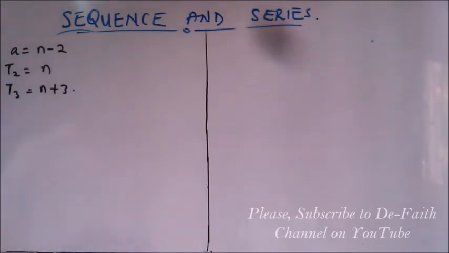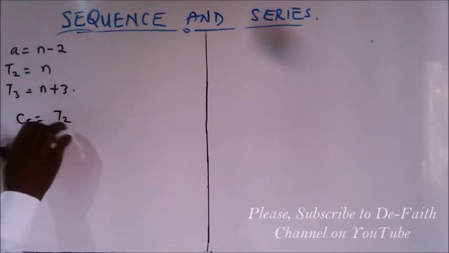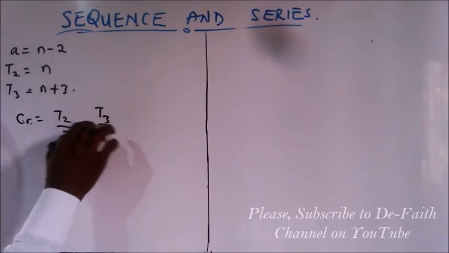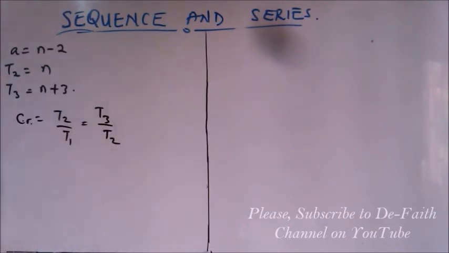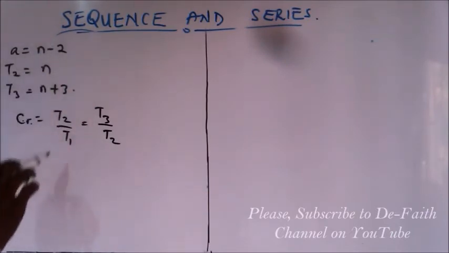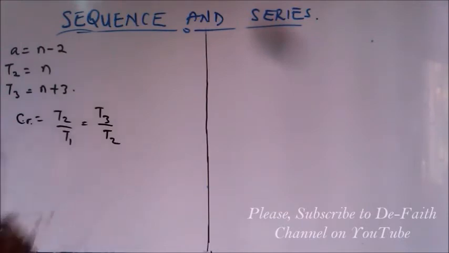And we are asked to find the common ratio. We know that the common ratio equal to t2 over t1. Alright, so we have t3 over t2. Now, in order to get the common ratio, we need to put in all the values that we are given here, and with that we'll get the value of n, and with the n we can get the common ratio.